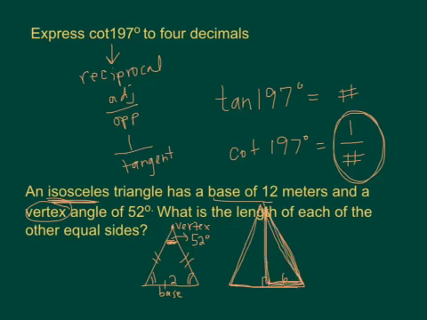Little base here of this right triangle is 6, and I've also bisected that angle to be 26 degrees. So if I want to find this unknown measure, seems like a good time to use sine ratio. Sine of 26 degrees would be 6 over x. You can solve that equation using your calculator, of course, and your answer choice that matches here is C.